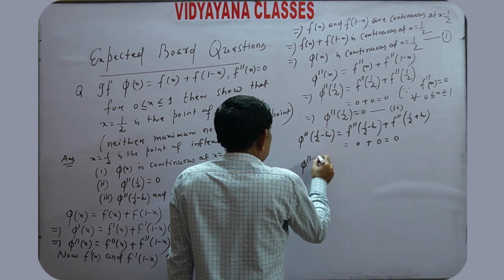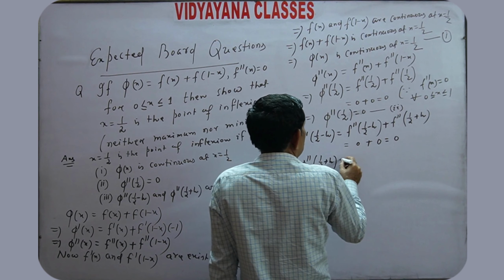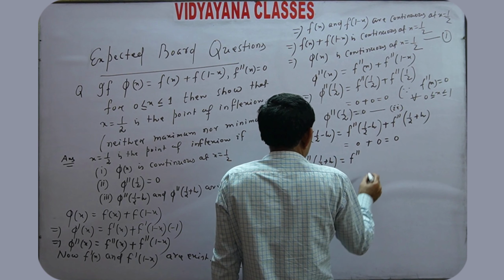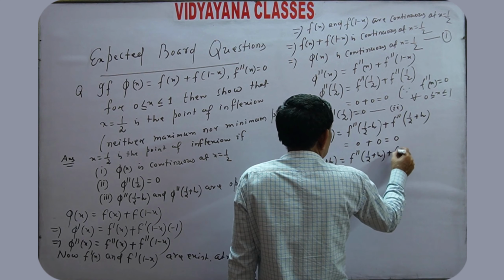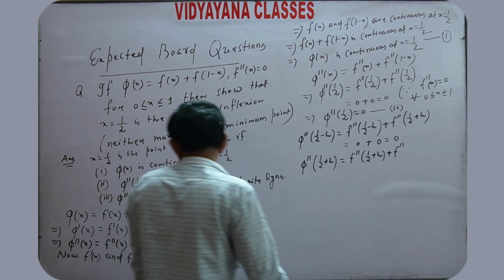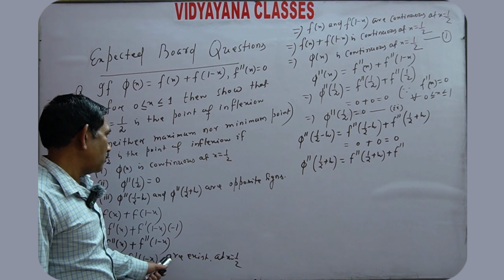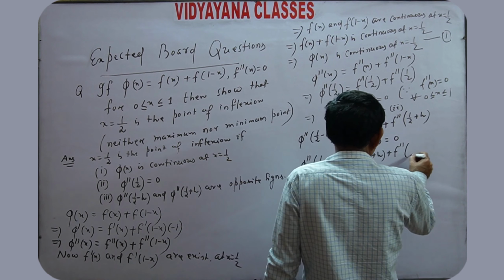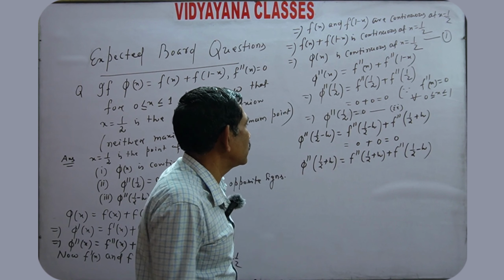φ''(1/2 + h) = f''(1/2 + h) + f''(1 − (1/2 + h)), that is 1 − 1/2 − h, which is 1/2 − h. Clear?